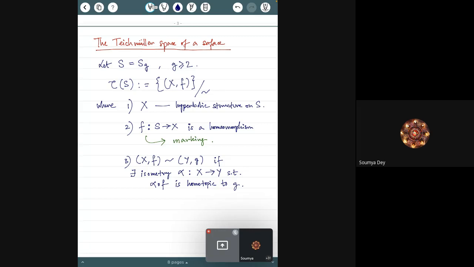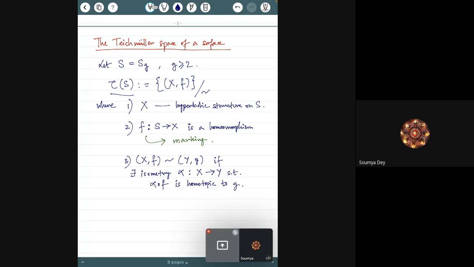We're calling it tau S. So tau S is basically, you consider all pairs (X, f), where X is a hyperbolic structure on the topological surface S, and this f is a homeomorphism from the topological surface S to the hyperbolic surface X. And we call this f a marking. So these are marked hyperbolic structures.